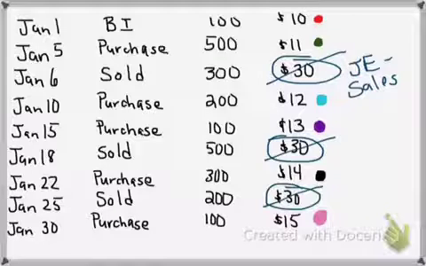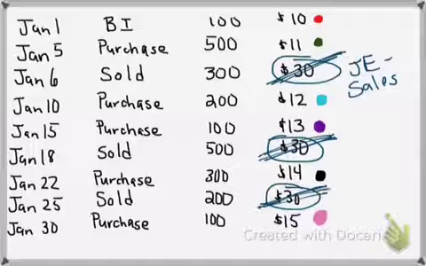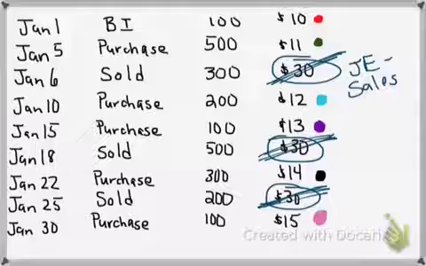So our journal entry for the sales is where that $30 would come in. This has nothing to do with the cost of these.